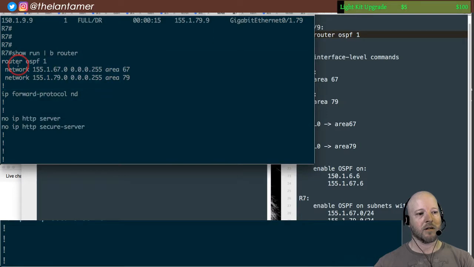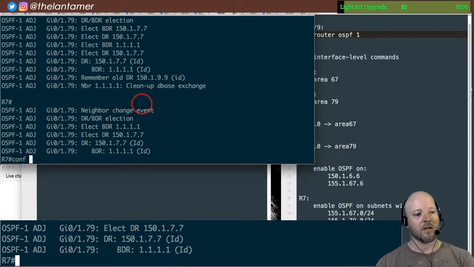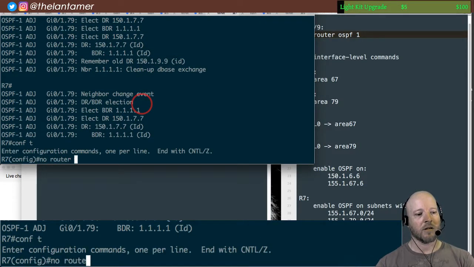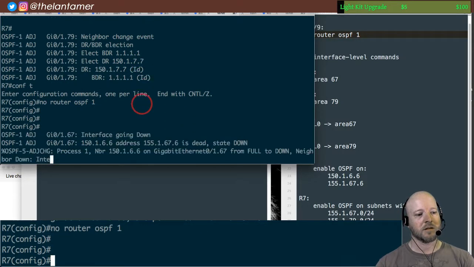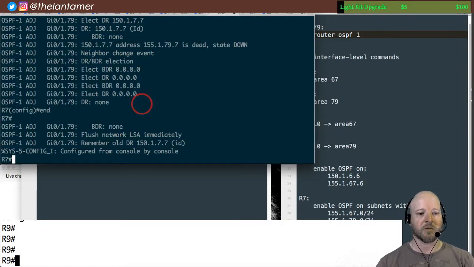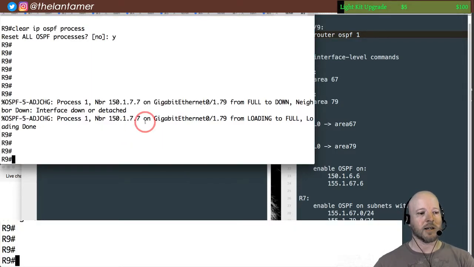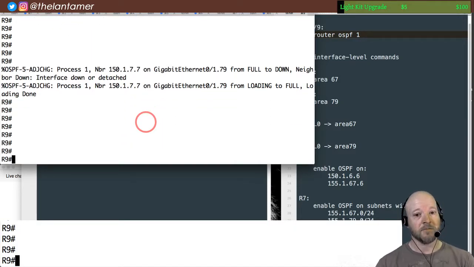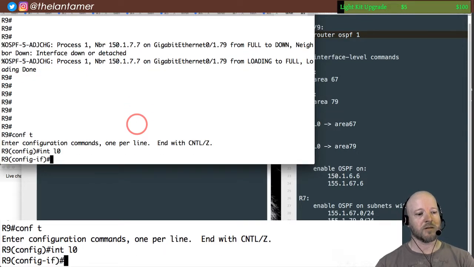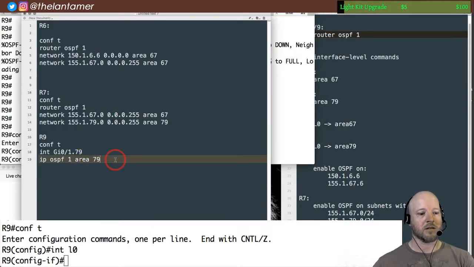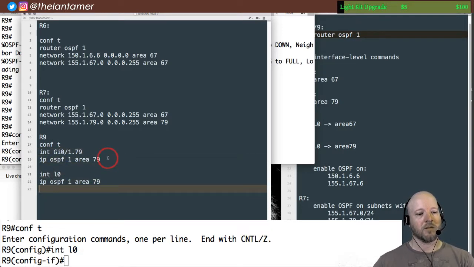Yeah. No router OSPF 1. And on router 9. Actually, let's go back to router 7. Flush. Yeah, it's doing all kinds of stuff. Undebug. Back to router 9. And interface loopback 0.